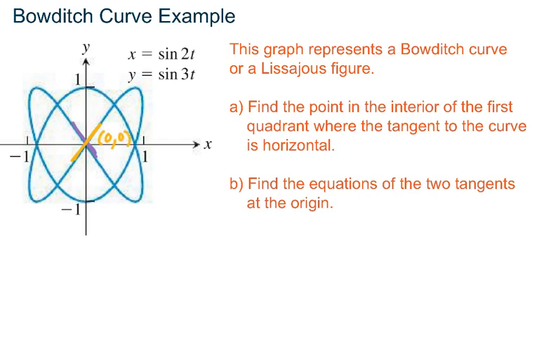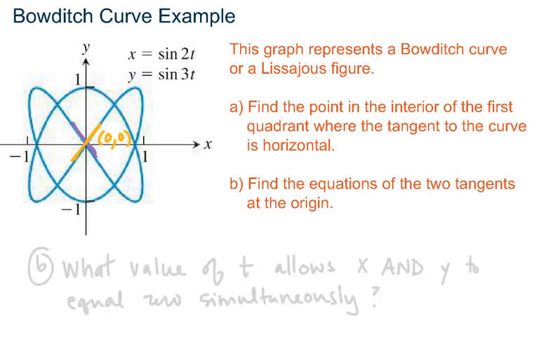But we need the slope. And so we need to know at what value of t is x equal to 0 and y equal to 0. So I've written that question here. What value or values of t allow x and y to equal 0 simultaneously?